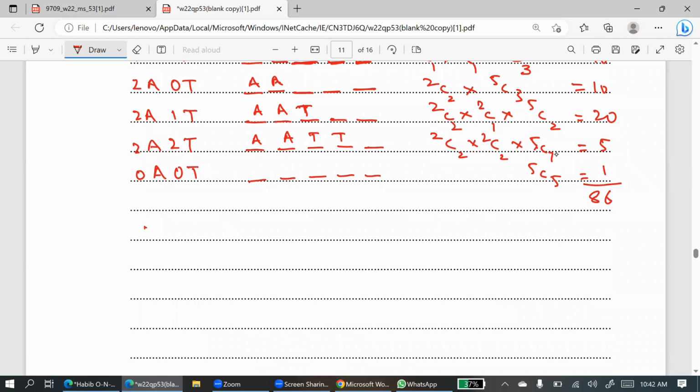Now probability of the event, favorable outcomes are 86 and the total number of outcomes are 9C5. This one is the final answer.